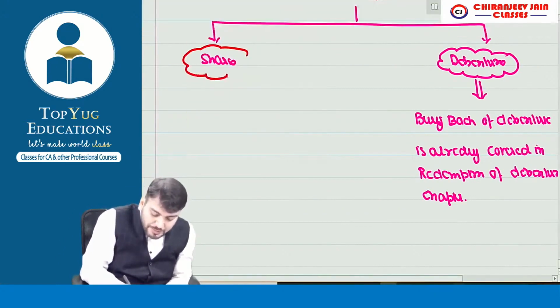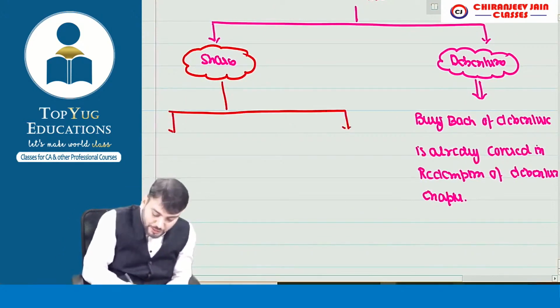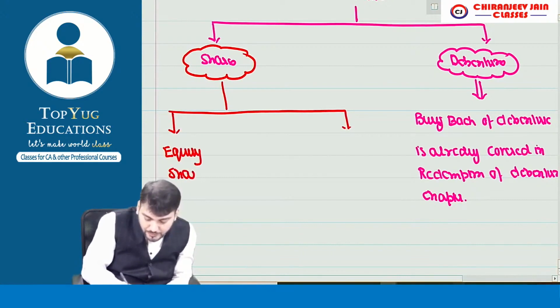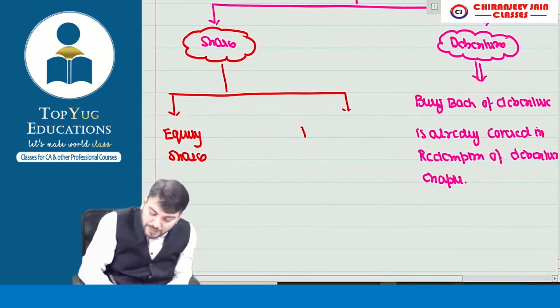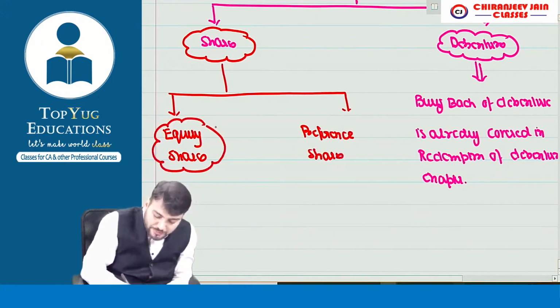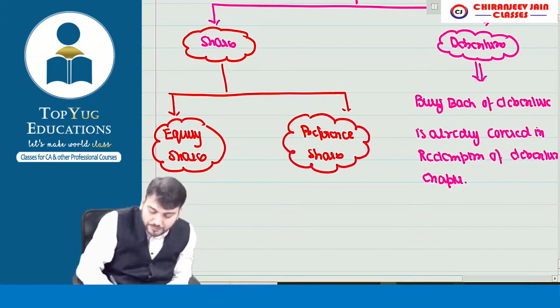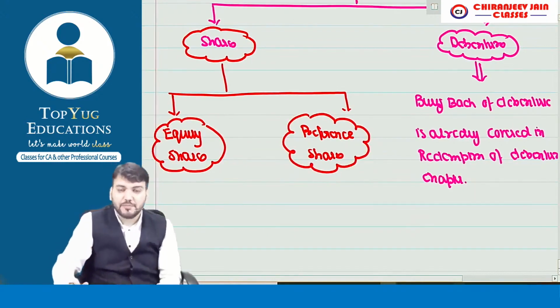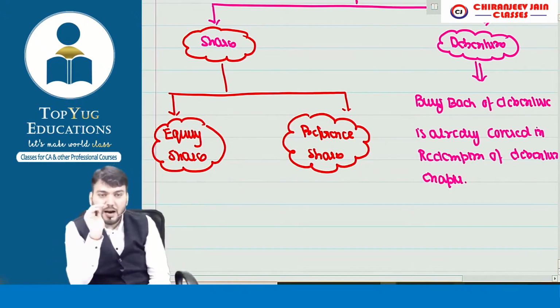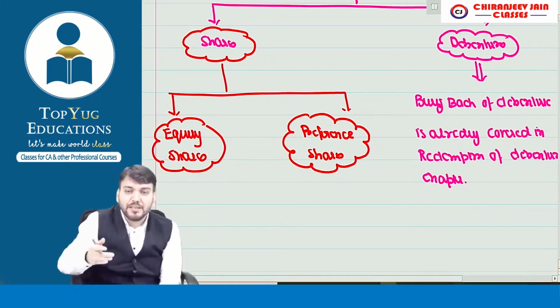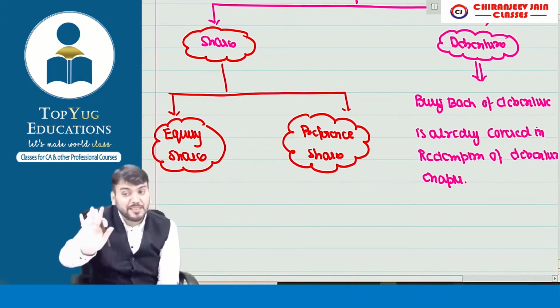Here we will talk about buyback of shares. If I am saying shares, there are two types of shares: equity shares and preference shares. Both can be repurchased. But practically, this buyback concept is for equity shares, not for preference shares.